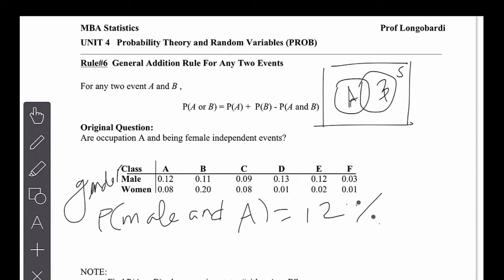They would be dependent, because once you see it's female, then the chance that it's a certain occupation might change. Overall, the probabilities would be different than in just the subgroup of females.